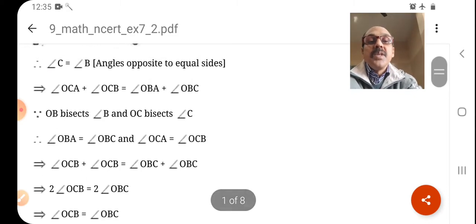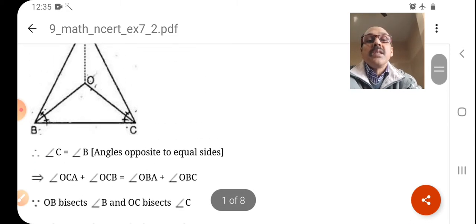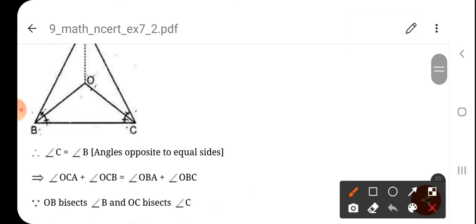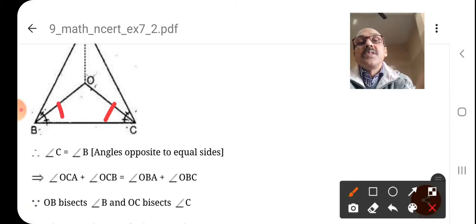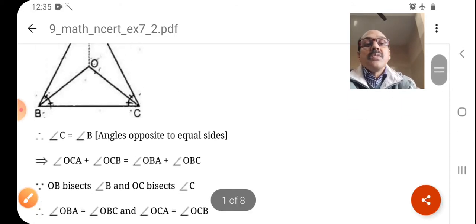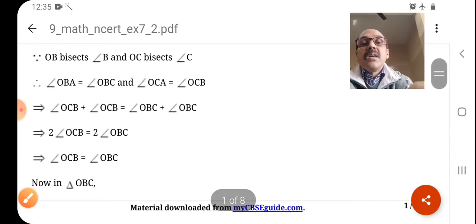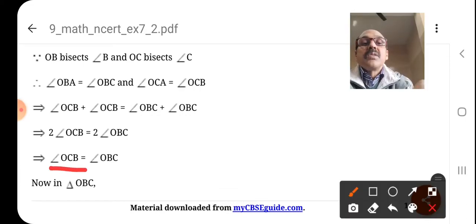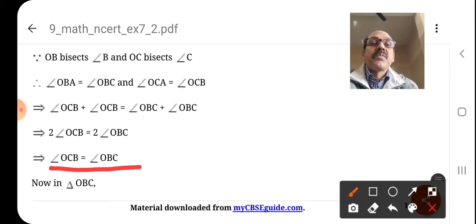That means OCB equal to OBC. Because OB is the bisector, these two are equal, and OC is the bisector, so these two are equal. So from this we get OCB equal to OBC.